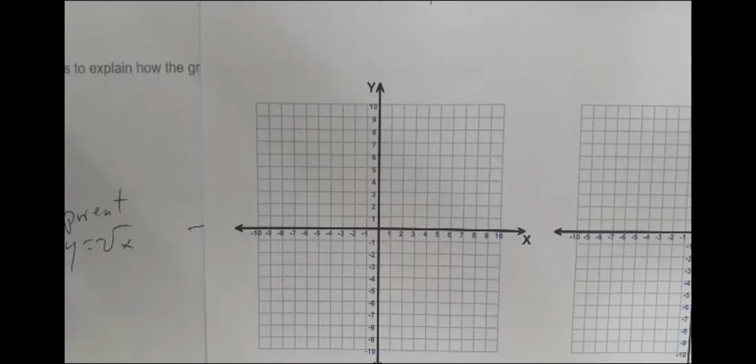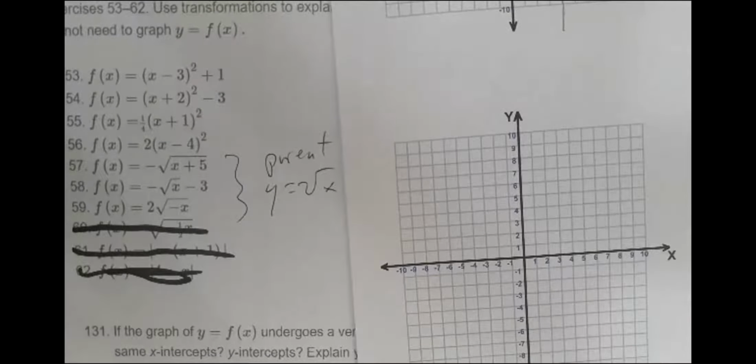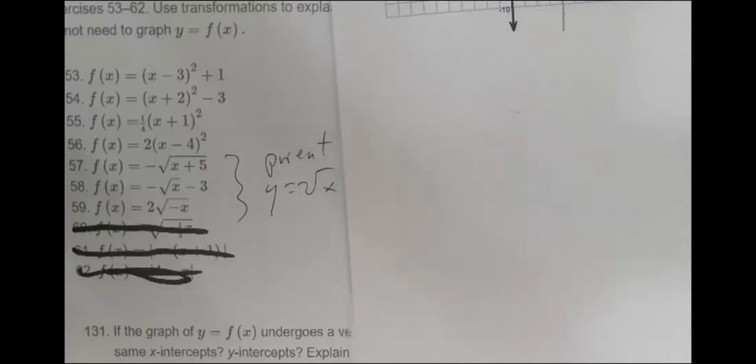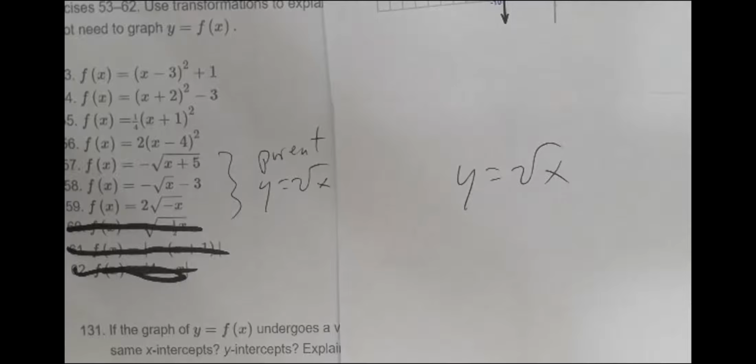Okay. Now we have a negative square root of x minus 3. That's our parent function. And what are we doing with this thing?